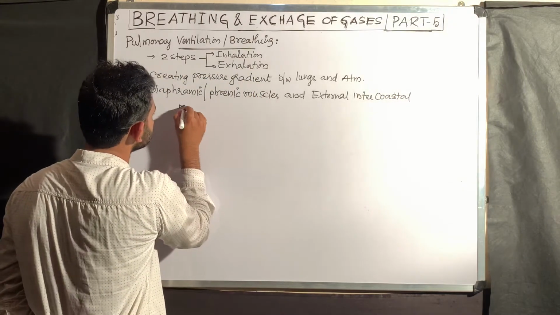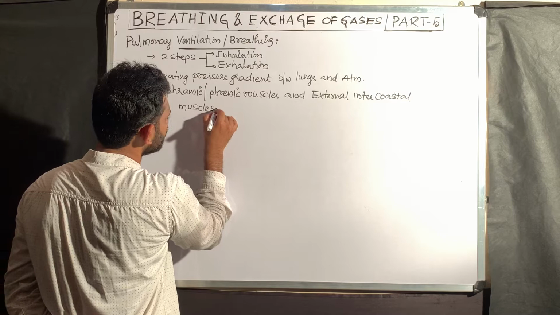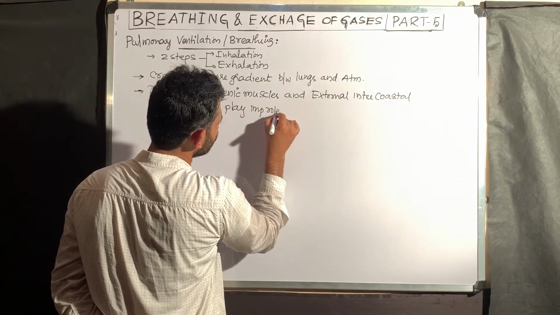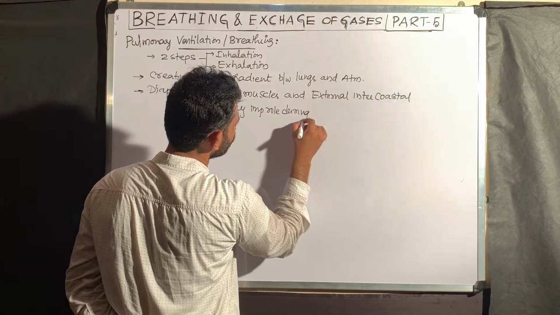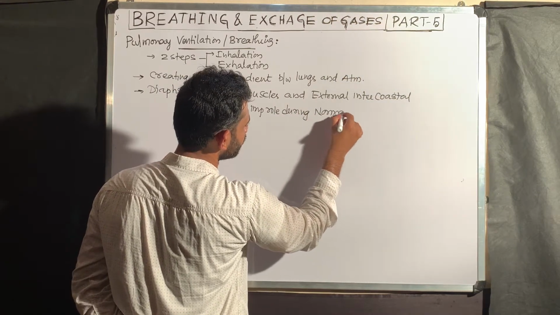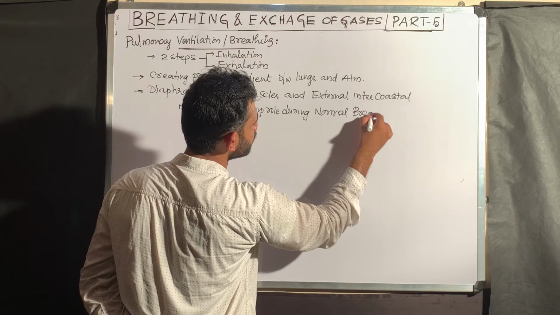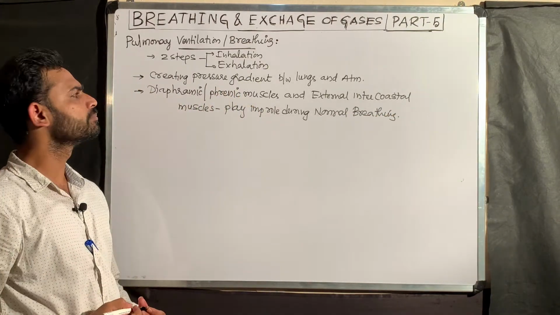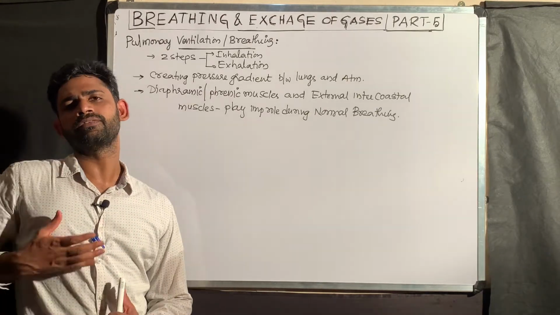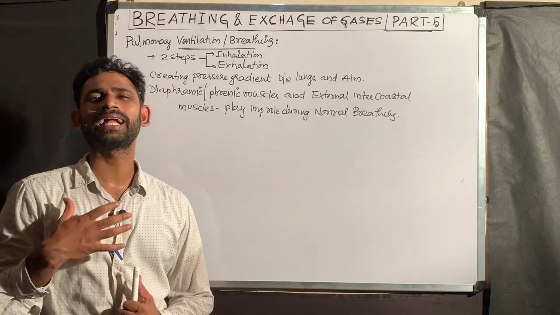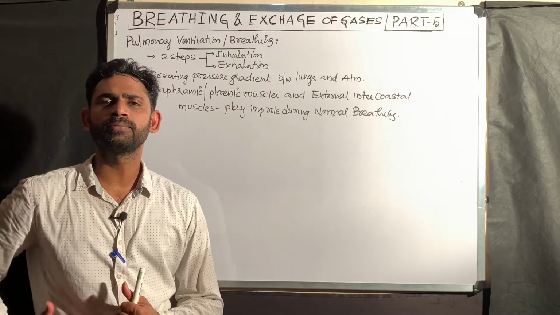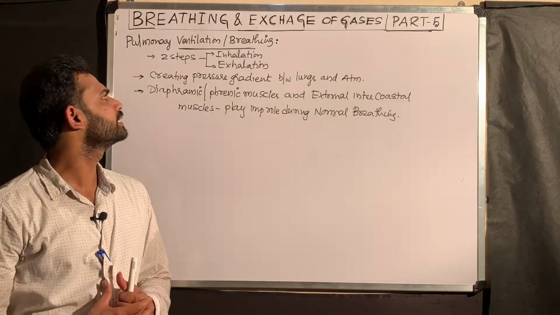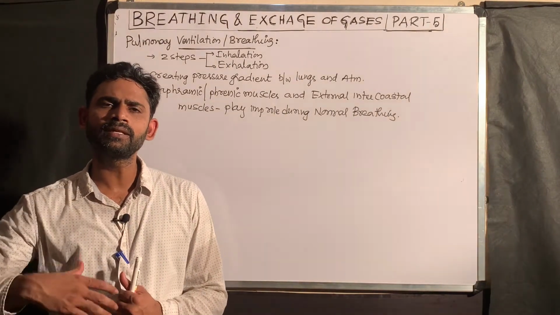These play an important role during normal breathing. What does it mean? Phrenic muscles are the muscles that connect the diaphragm to the ribs and vertebral column. That is why these are called diaphragmic muscles or phrenic muscles.